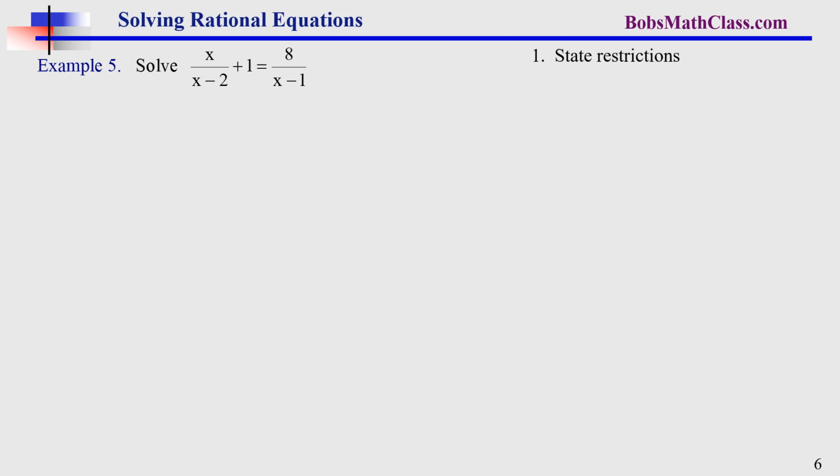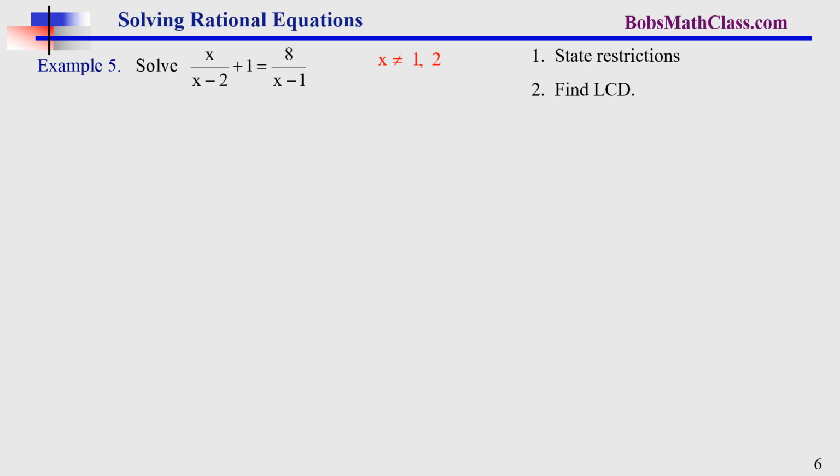And the fraction on the right, what can x not be? x cannot equal 1. So 1 and 2 would make one of those denominators 0. And when a denominator is 0, it's undefined. So we have two restrictions. x cannot equal 1 and x cannot equal 2.